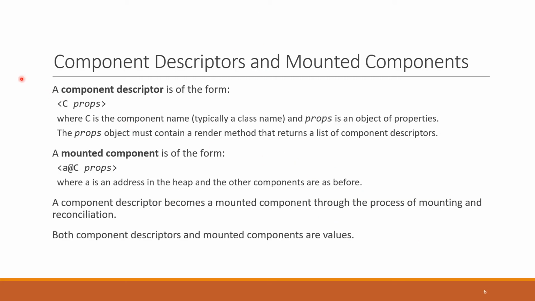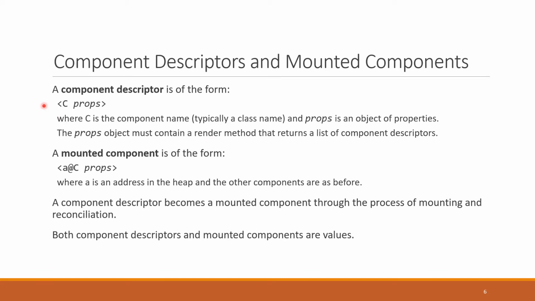Okay, so two central ideas here in React, and especially in our formalization, are component descriptors and mounted components. A component descriptor is essentially a class name or a tag name, and then an object that represents a set of properties. And importantly, inside these properties, there is a render method which describes how this component should be displayed.